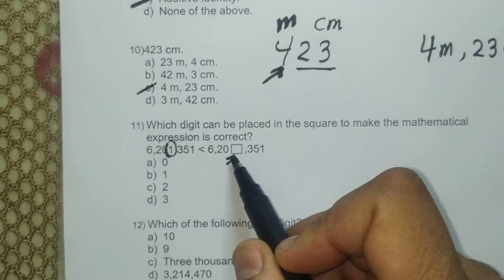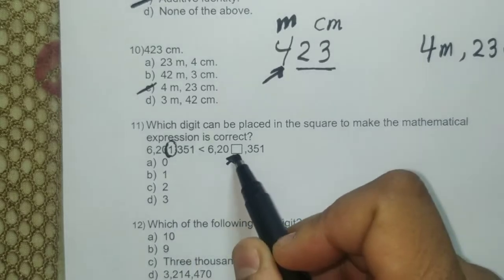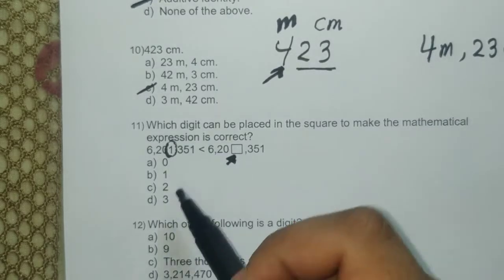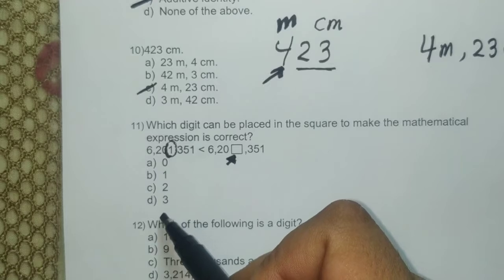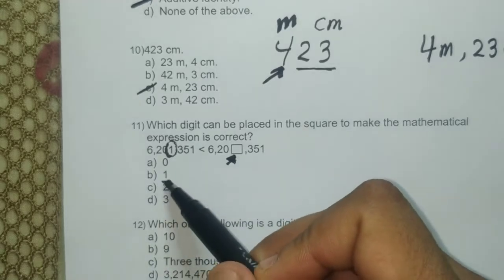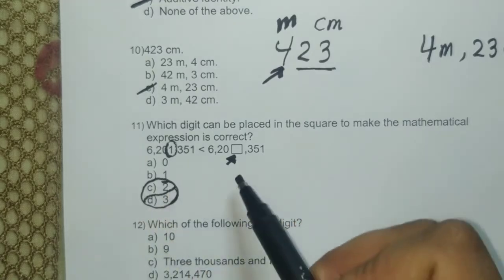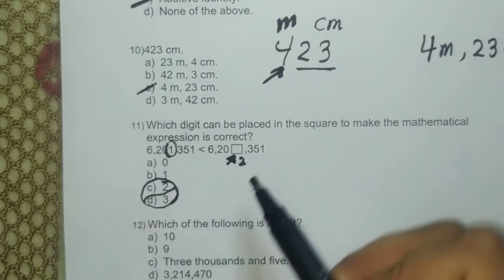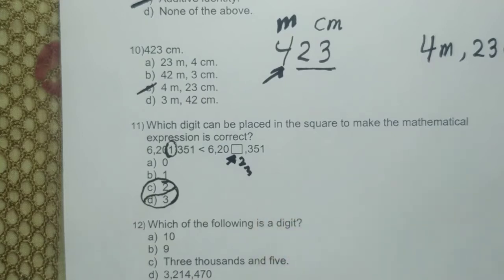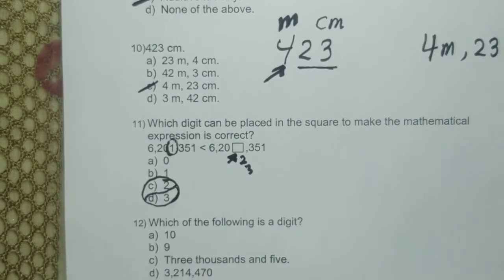Here I will put a number greater than 1. Which is a number greater than 1? The two answers here are correct. I can put 2, I can put 3, and so on. The two answers are correct.